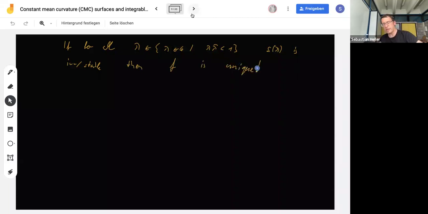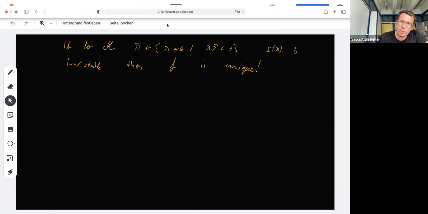So this is something we can really check in examples, or we could also rephrase that. The set of points where irreducibility does not hold must be a discrete subset, because otherwise we wouldn't get a CMC immersion, which can be shown. So irreducibility is really necessary to obtain compact Riemann surfaces of higher genus.